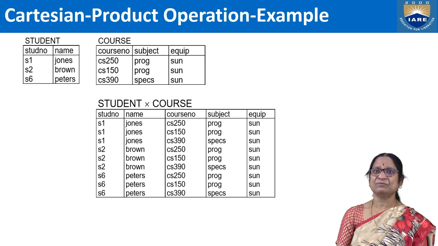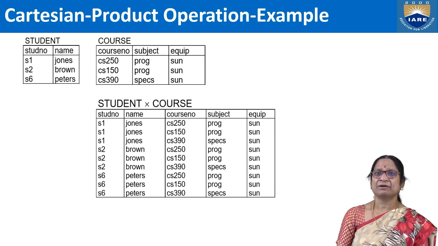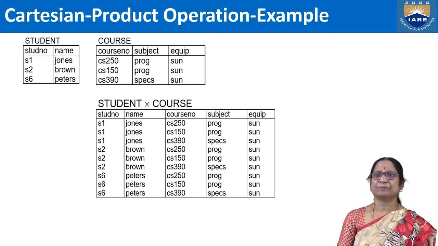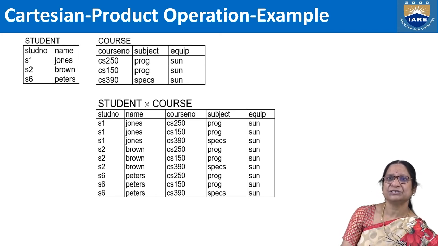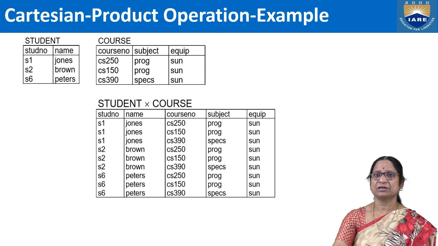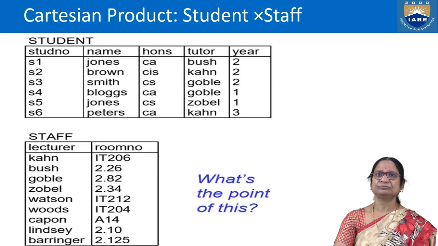S1 Jones is mapping with CS390, subject is specification, specs and equipment is Sun. So totally 3. Similarly for the second tuple, similarly for the third tuple of the relation student actually. Now you observe attributes are total 5 and tuples are 9 actually.